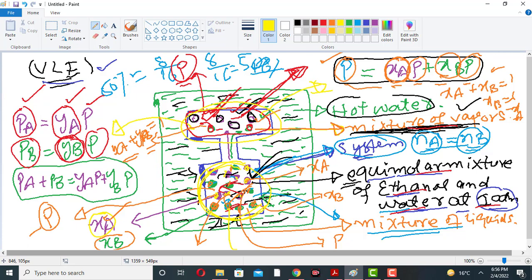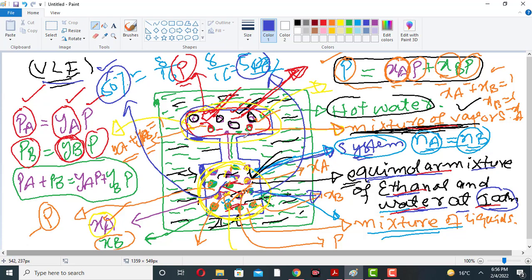Remember that this liquid mixture is equimolar, which means 50% ethanol and 50% water.